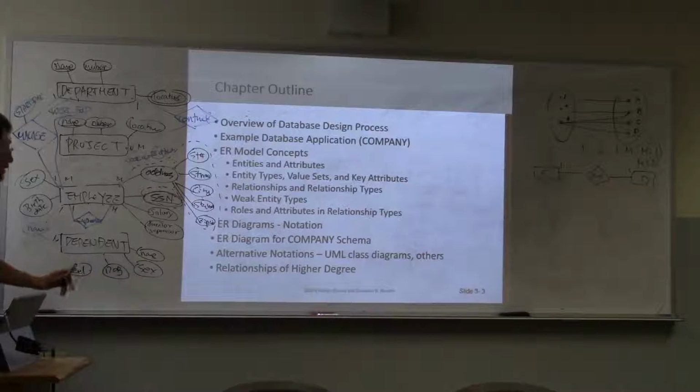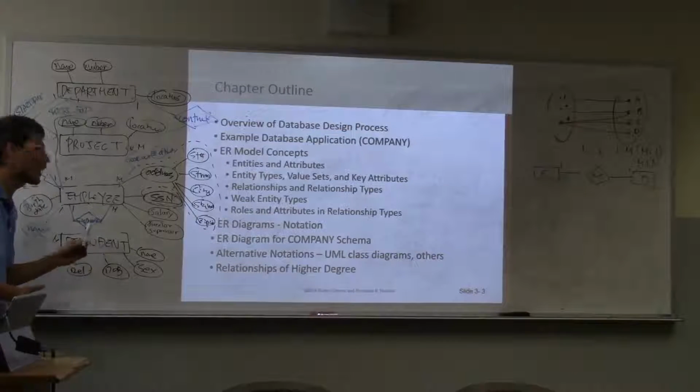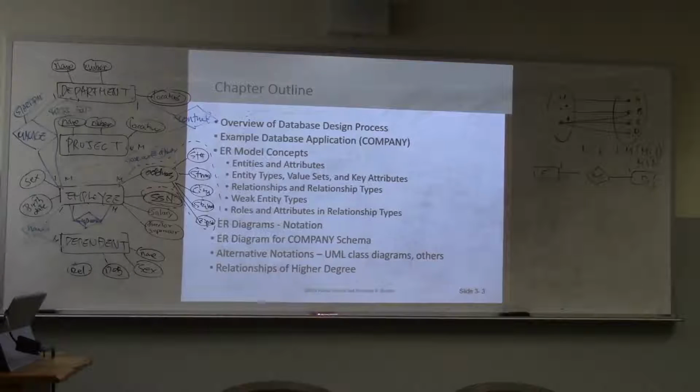So here, in case if we have the entity that does not have the key attribute, that is called weak entity. All the others are called strong entity. So our goal is to make the weak entity to the strong entity.